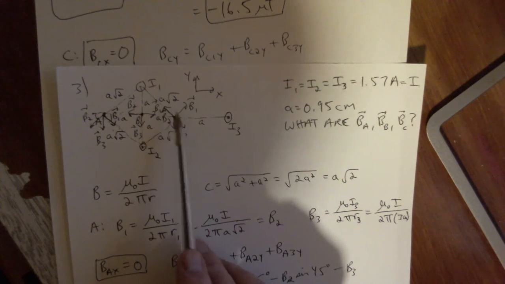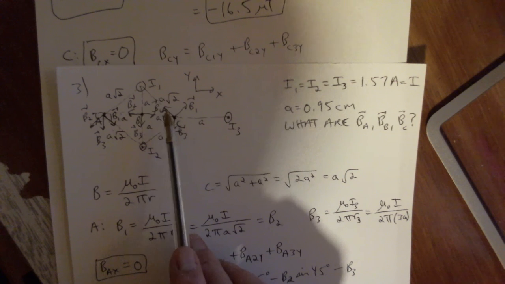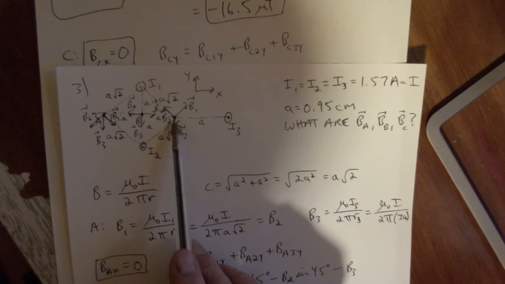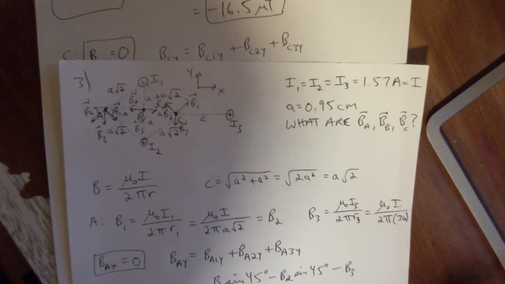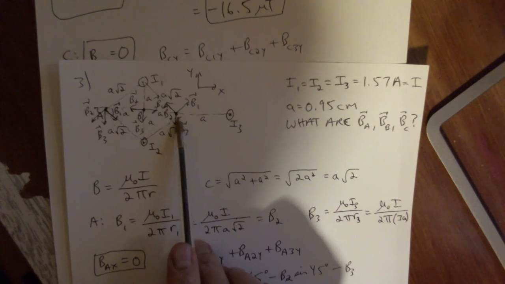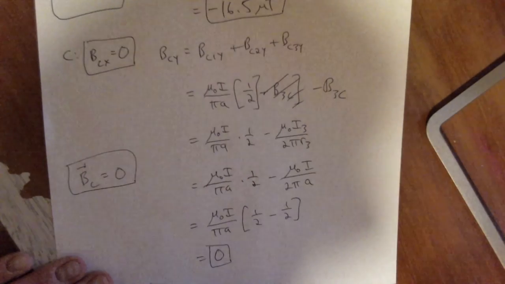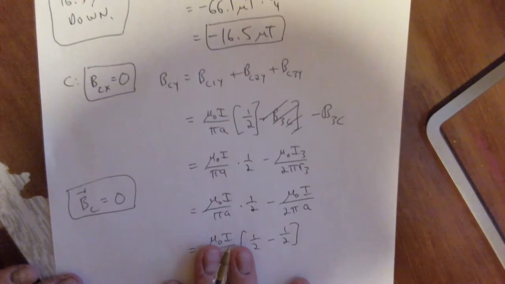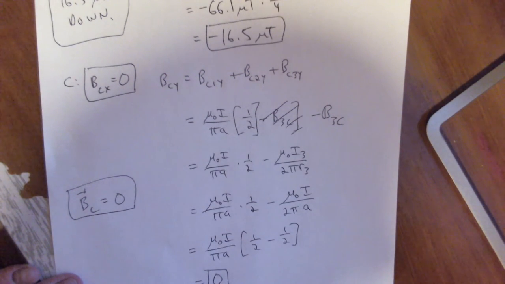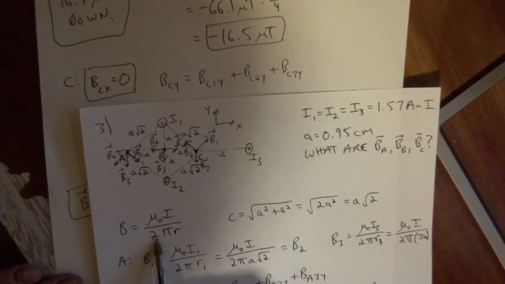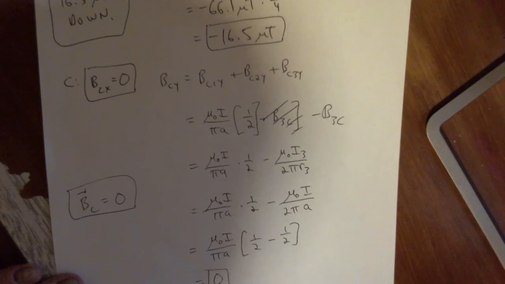So each of these two has a factor of 1/2, and there are 2 of them, so you get 2 times 1/2 is 1. 1 times mu sub naught I over pi a. And then this one is just a minus mu sub naught I over pi a. And then there's the factor of 1/2 from the 2 pi r I was ignoring. All right.